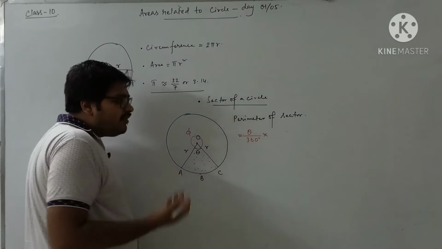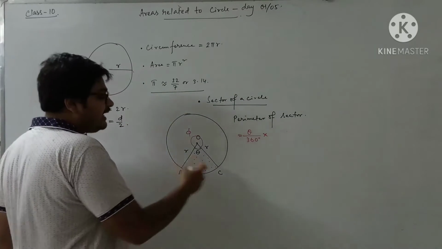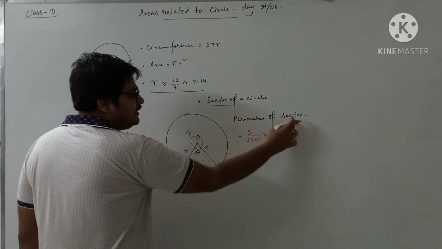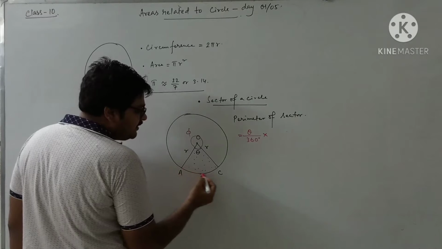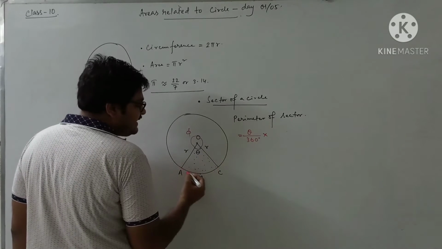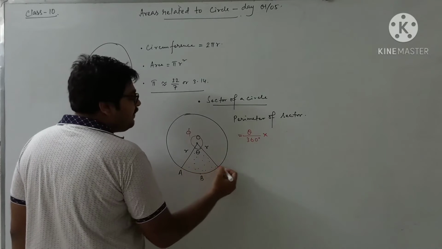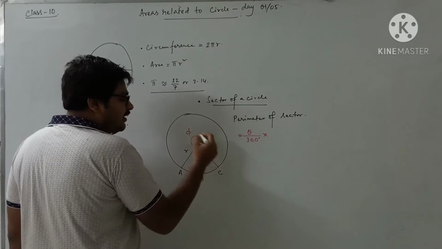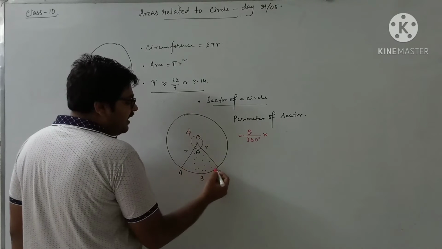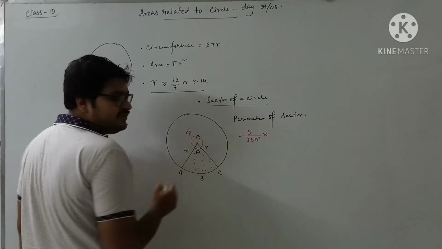Into, what is the formula to find the perimeter, the circumference of a circle? Because I need to find out the arc length now. To find the perimeter of the sector, first I will find the arc length. I want to find the length of AC, and AC is actually the arc. This arc is a part of this bigger circle, and the complete central angle is 360 degrees. This arc subtends an angle theta at the center.